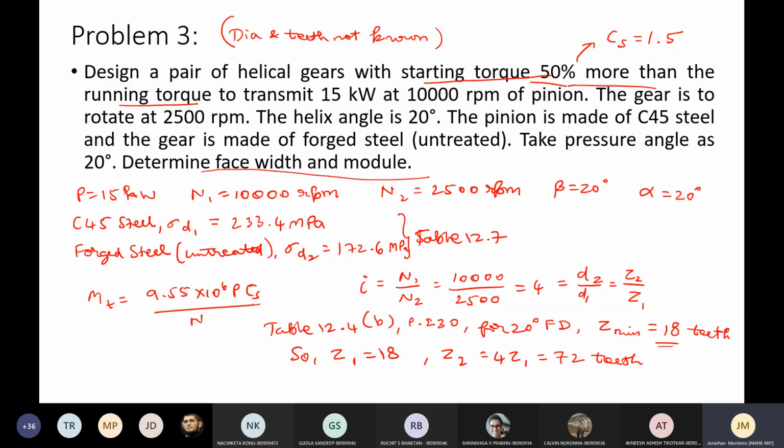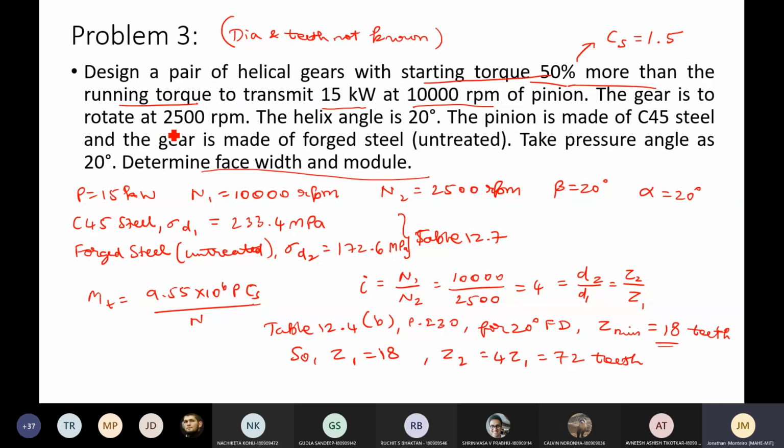Here in this problem, we don't have diameter, we don't have teeth. You can see that 15 kilowatts is given, that is the power getting transmitted. N1 is 10,000 RPM, and the gear is at 2,500 RPM, which is N2.